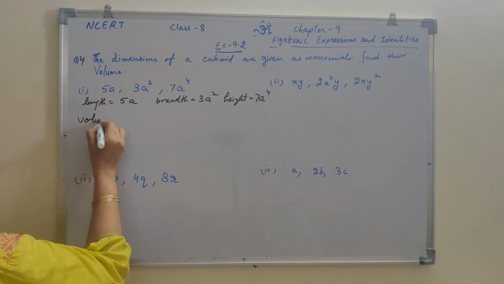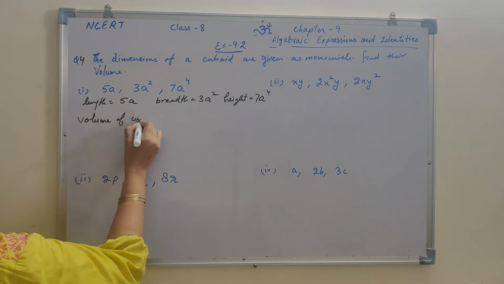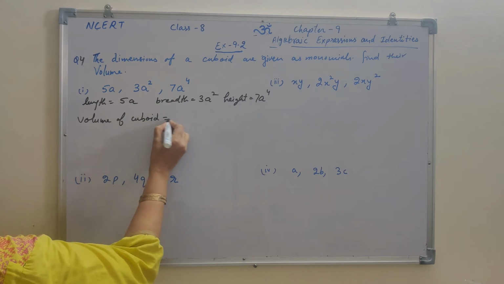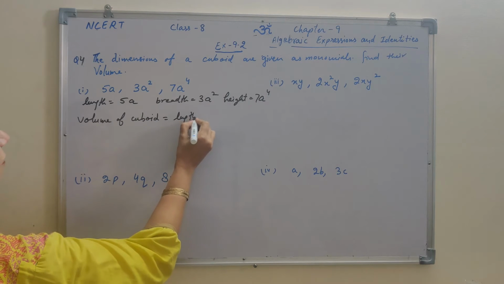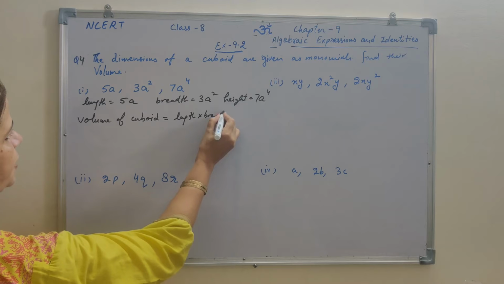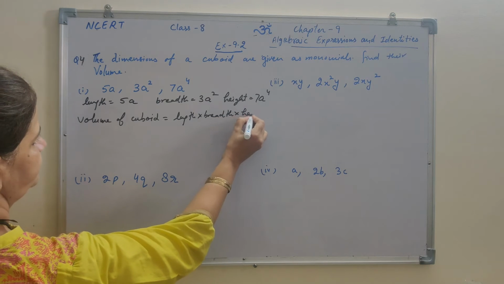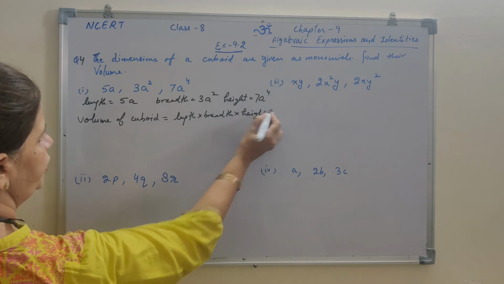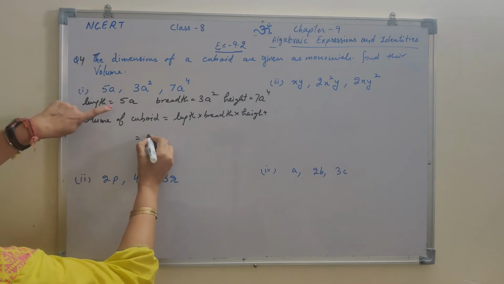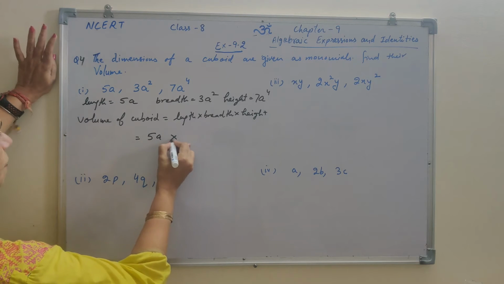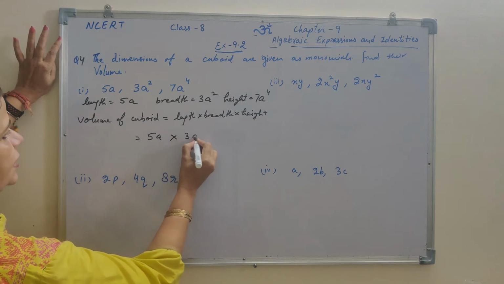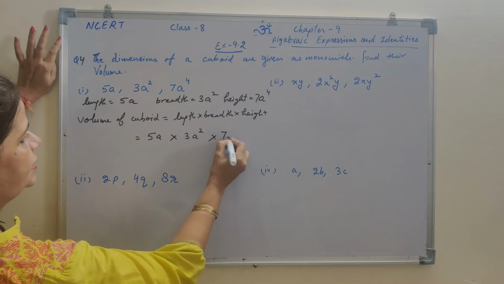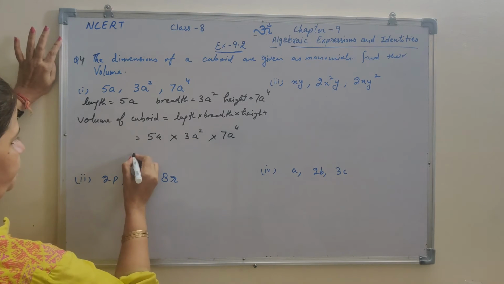And the volume of a cuboid, if you remember the formula, is length multiply breadth multiply height, L into B into H. And here the length is 5a, multiply by breadth 3a square, multiply the height 7a power 4.